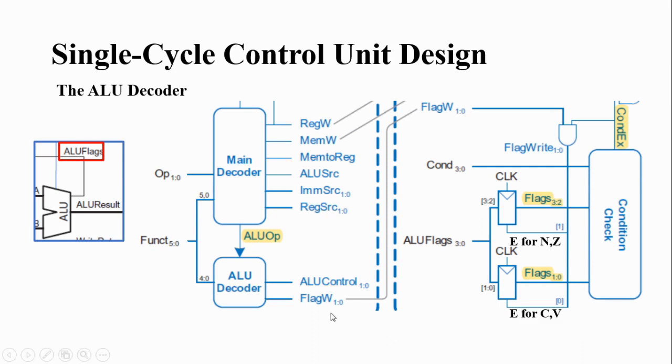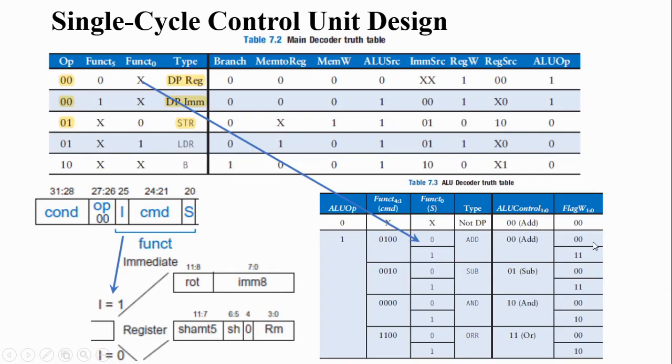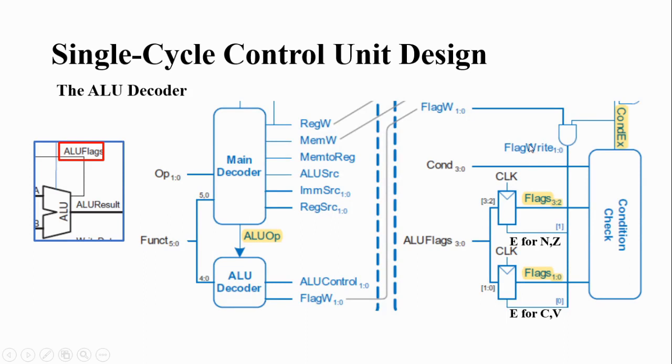But if it is a logical operation such as and or, only the first bit of flag W will be set. The first bit of flag W means only the enable for N and Z will be set, right? So if you are performing logical operations such as AND or OR, only the first bit of flag W will be set.